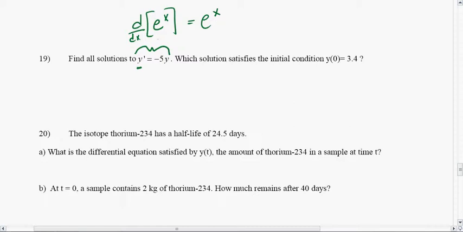In this case, we have something that's a little bit different. We have a coefficient of negative 5, and the formula that you were taught to memorize is that that negative 5 ends up being up in the exponent's place. So really, you're just looking at something that looks like this.